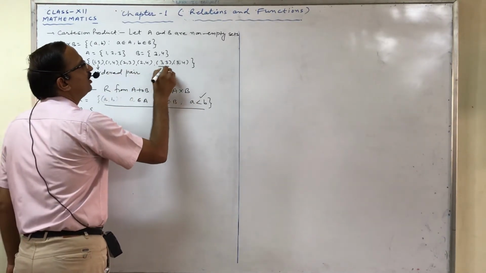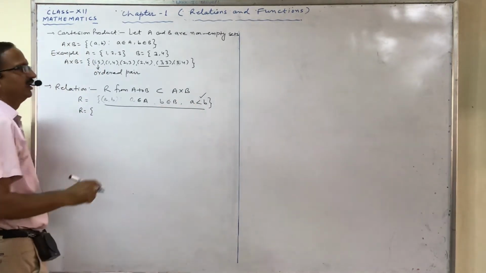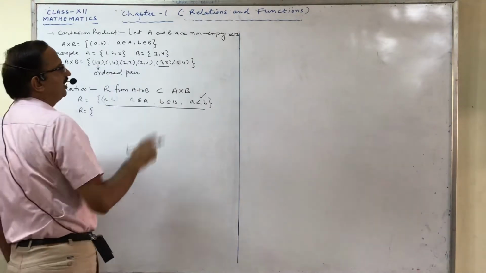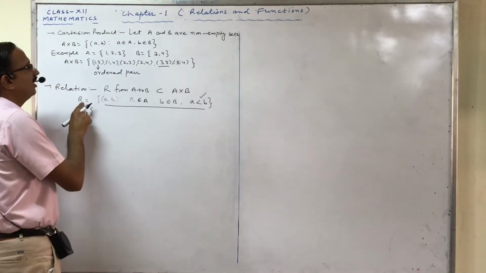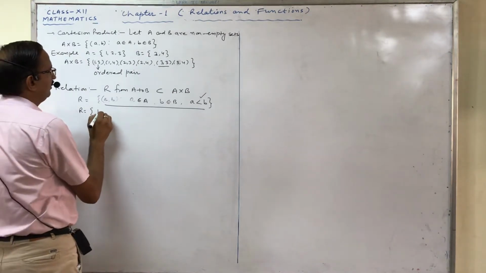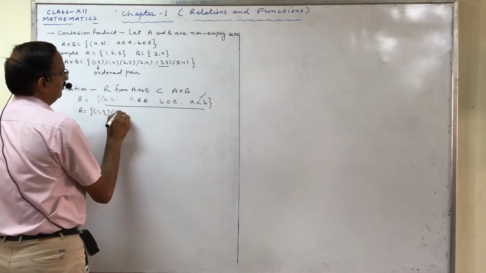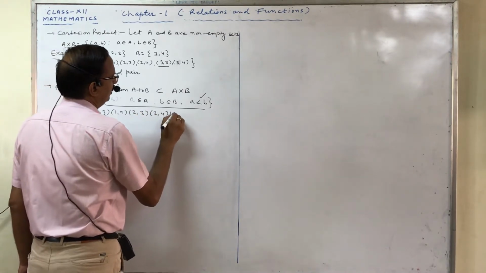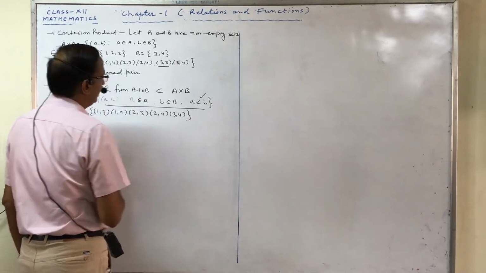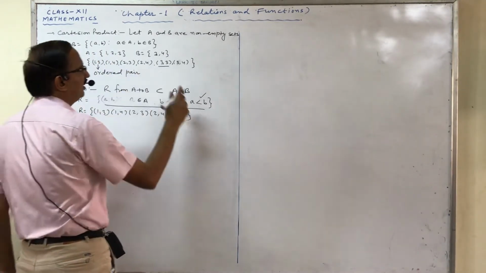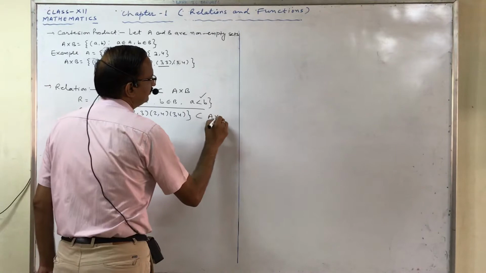This pair will not satisfy this condition. So except this ordered pair, the remaining ordered pairs belong to R, meaning they satisfy the condition given in R. So we will write (1, 3), (1, 4), (2, 3), (2, 4) and (3, 4). Clearly this R is a subset of A cross B.